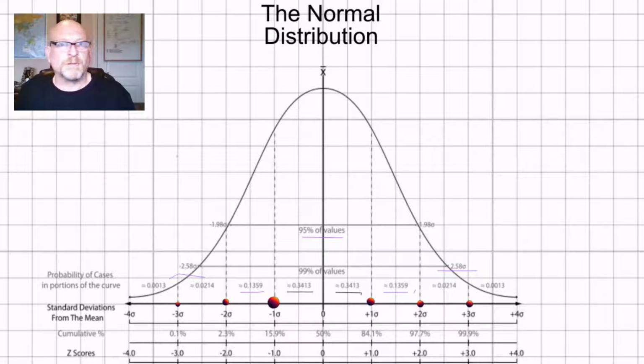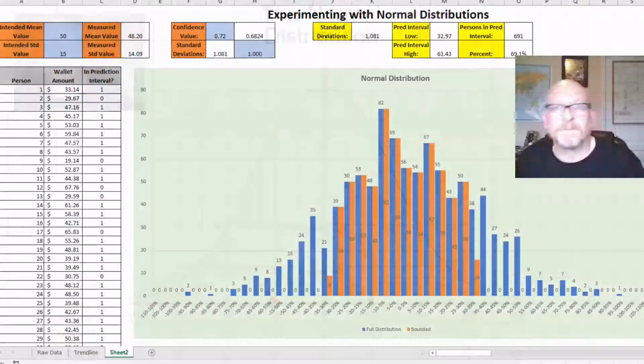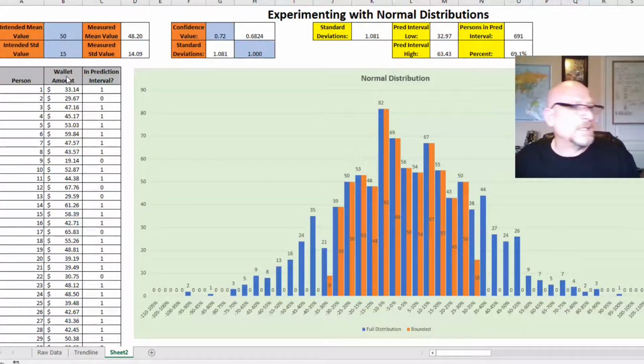So to do that, what we're going to do is go over here and let's transfer right here. Okay, so what I have here is a table of data, wallet amount, and this is the person. There's 1,000 of these. And here I can set what my expected mean is.